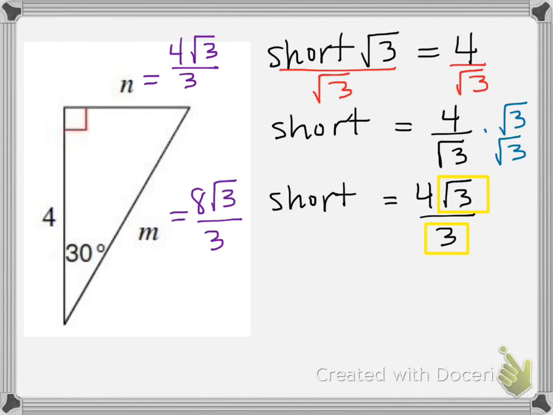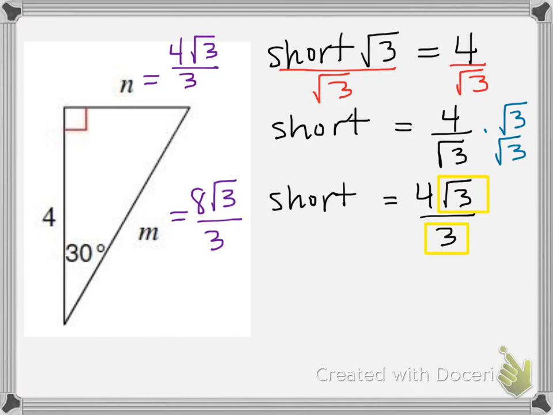That's going to give me 4 over radical 3. Again, you've got a radical in the denominator, so we rationalize. So I multiplied by radical 3 over radical 3. Simplifying that, that gave me 4 radical 3 over 3. So my short leg now would be 4 radical 3 over 3.